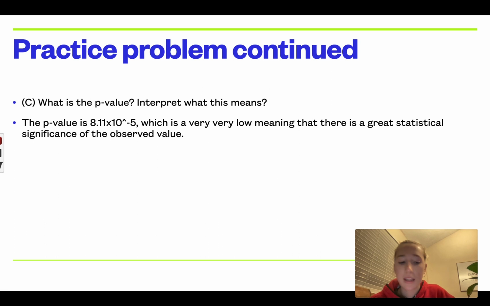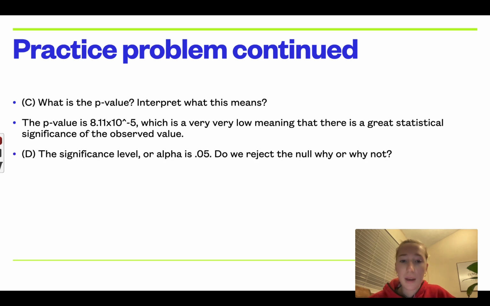So going on to the next questions, what is the p-value, and interpret what this means. So as we said, the p-value is 8.11 times 10 to the negative 5, which is a very, very low number, meaning that there is great statistical significance of that observed value.